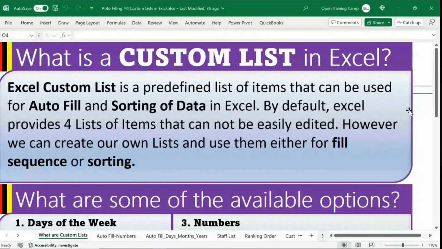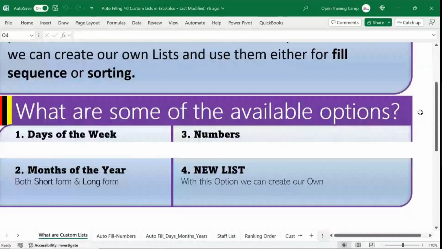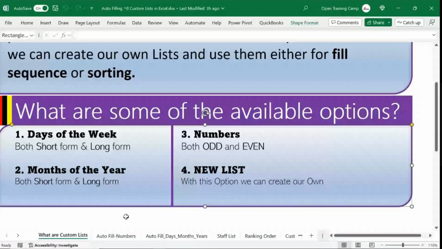And those items that we add in our custom lists will be available for autofilling, and we can also use them in a sequence or sorting our data. Now, the available options here that are predefined: you can autofill the days of the week, both in the short form and the long form. You can also autofill month of the year.